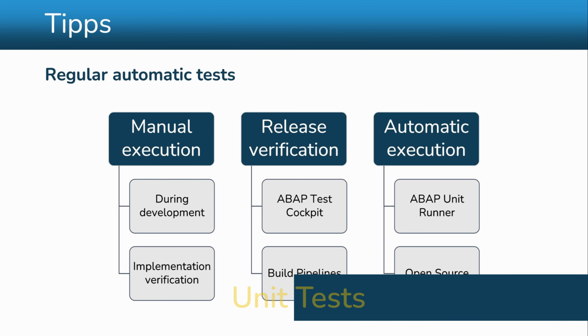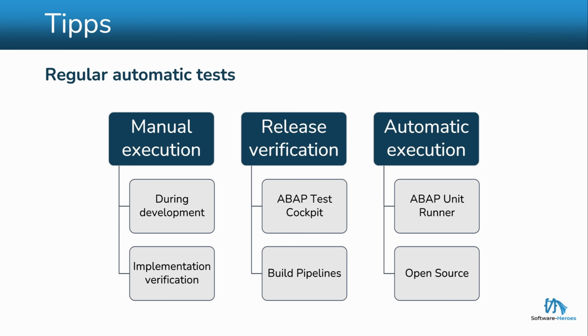We also had a section on unit tests and how to build and further automate them, for example, by using injectors so that we no longer have to modify our actual source code. The same applies to regular tests. Once we've built the tests, we should definitely run them manually during development to repeatedly check whether our actual implementation is still working without errors. In most cases, this is limited to the local class with the actual implementation or, at most, to the package in which we are currently developing.